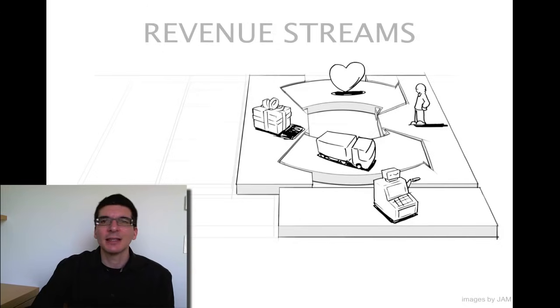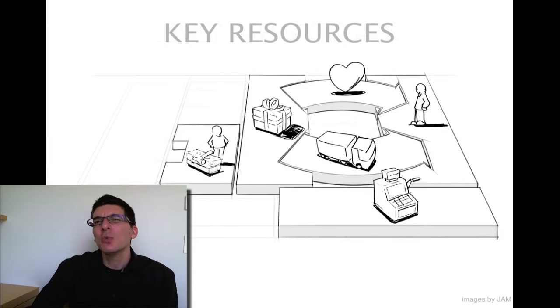Now we want to look at the left-hand side of the canvas, where we ask ourselves, how are we going to do it? What do we need to create value? The first question is, which resources do I really need to create value? Do I need factories? Do I need a brand? Do I need intellectual property? Do I need servers? What are the key things that you need to have to create that value that you're promising on the right-hand side?